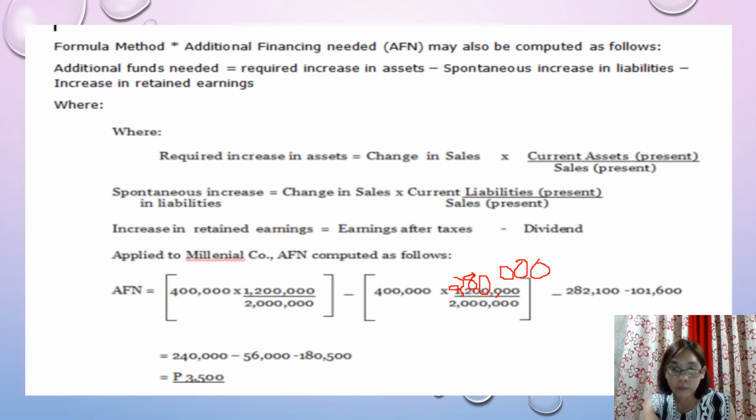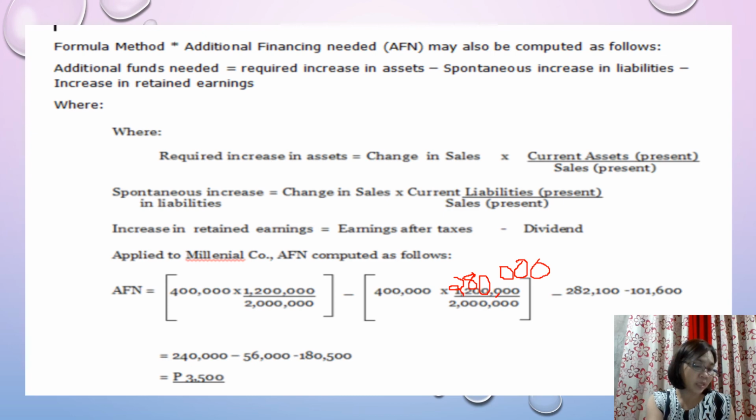Okay, and then, next po ay increase in return earnings. Yan naman po, para makuha yung increase in return earnings, titignan nyo po yung forecasting natin kanina. Yun po yung step number 1, yung forecast the income statement. So, yung nakalagay po dyan, earnings after taxes is 282,100.